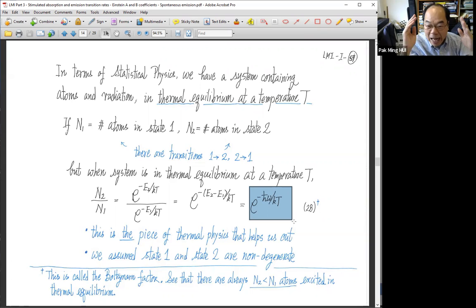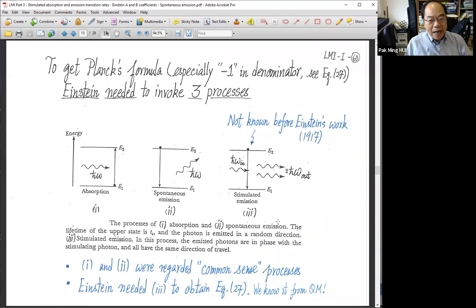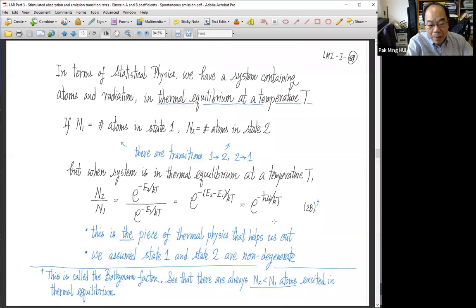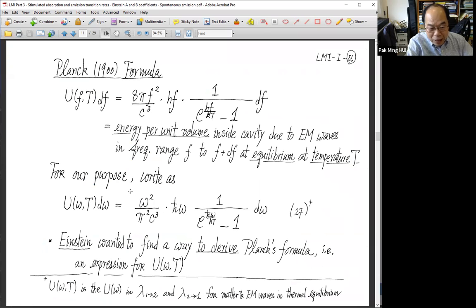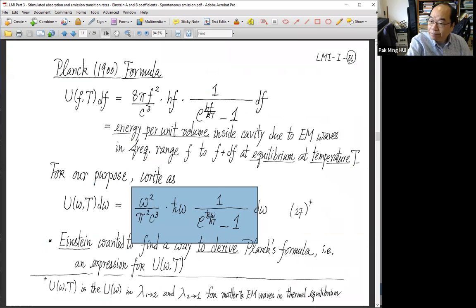That is dead wrong, okay? Don't ever think about it. It is because of this Boltzmann factor. So now Einstein got to work. Again, let me remind you, he was trying to derive this, okay?